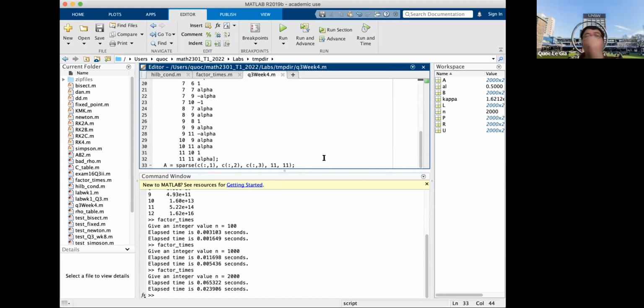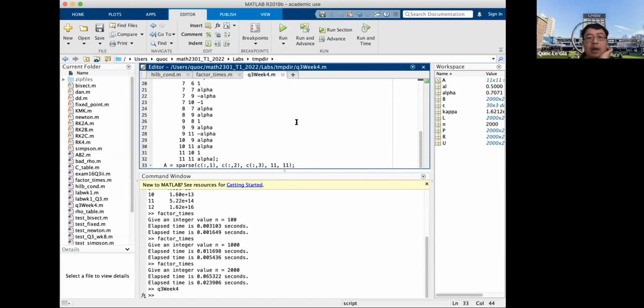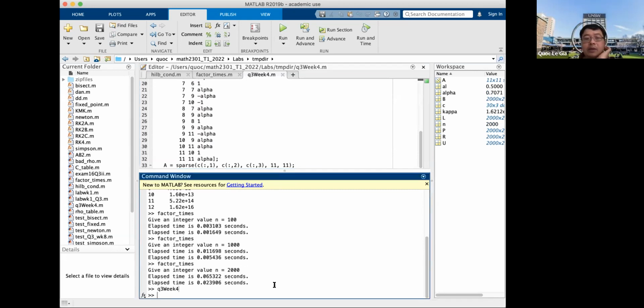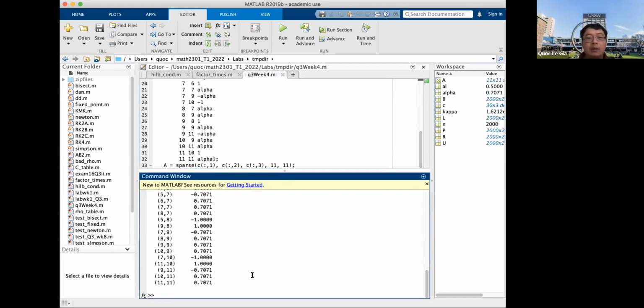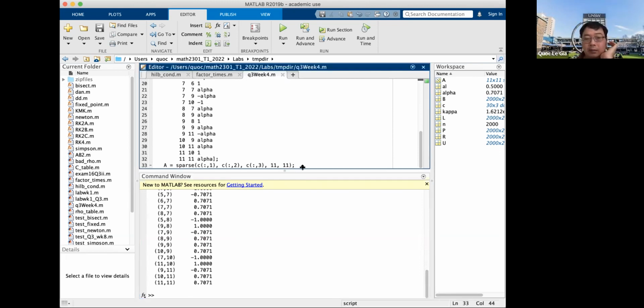This command will give you a matrix A. If you look at the matrix A, you don't see the full matrix, but it gives you exactly what you want here: at 1, 1, at 2, 1, at 3, 2. You can manipulate the matrix with any operation using the usual commands. So you can define the sparse matrix like this.